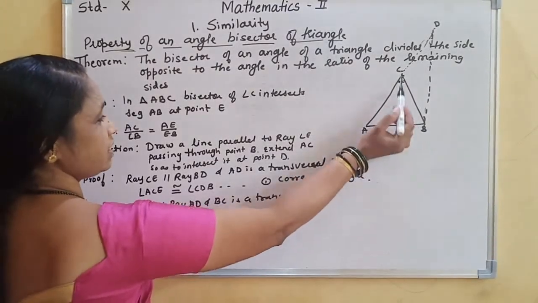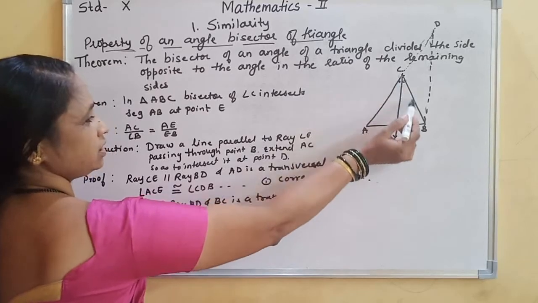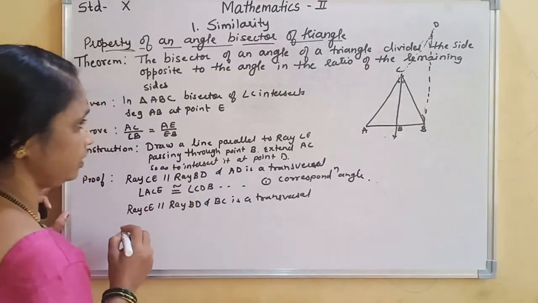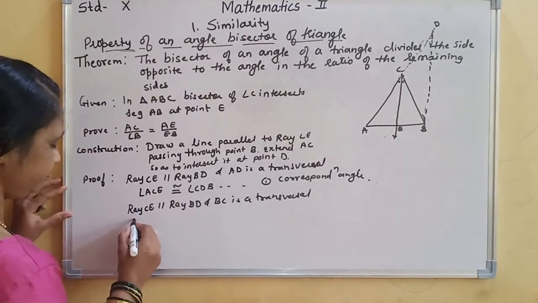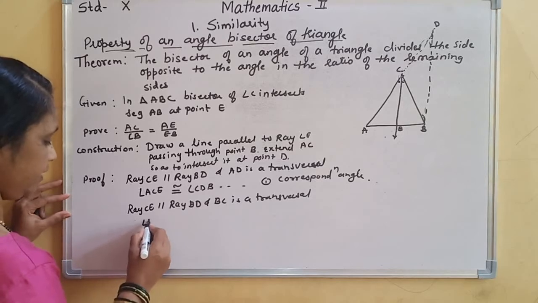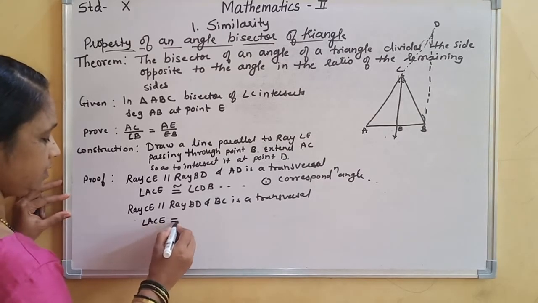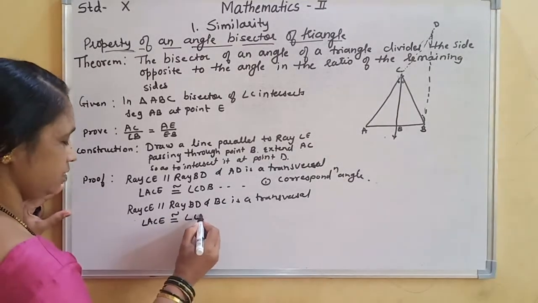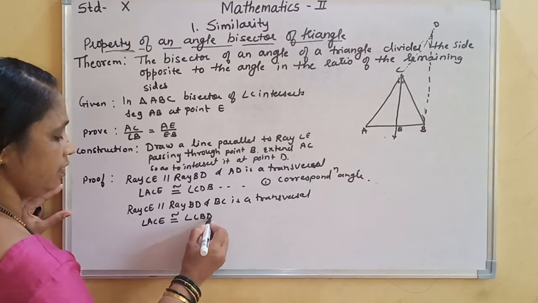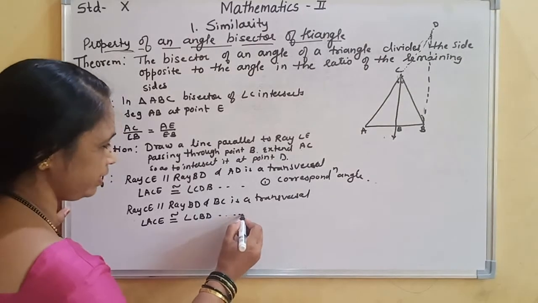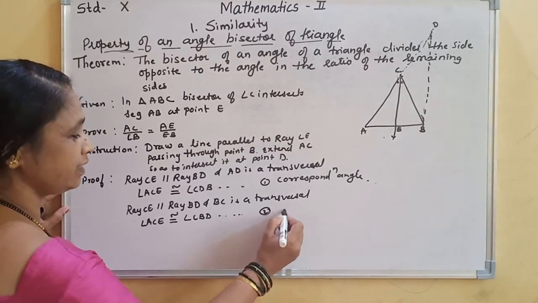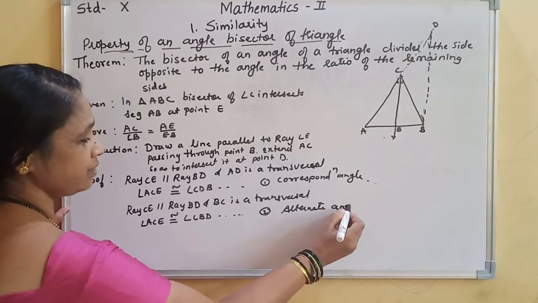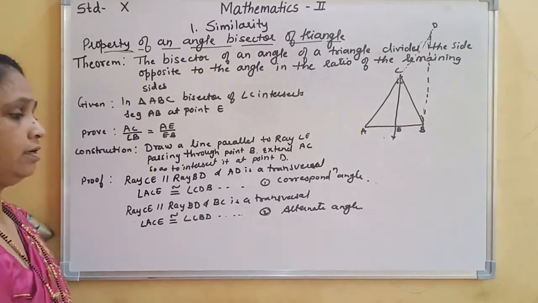This angle and this angle are alternate angles. So angle ACE is congruent to angle CBD, because alternate angles are also congruent.